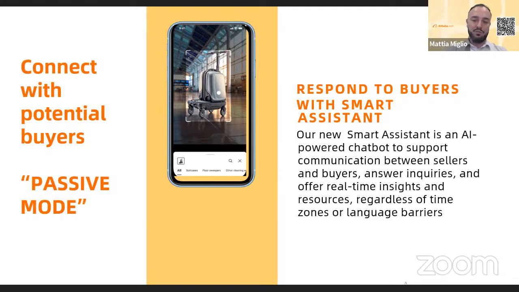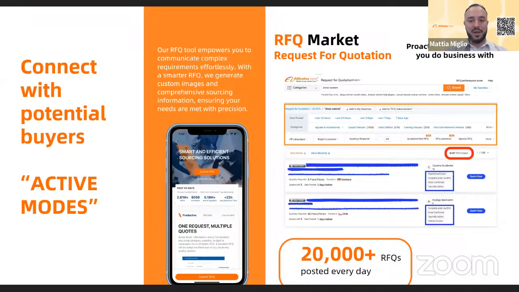You can also ask our smart assistant to support you in different languages to create appealing quotes, and to better understand the buyer's needs. Request for quotation: this is an example of a request for quotation. You can even see on the right. It's very important you set the filters.